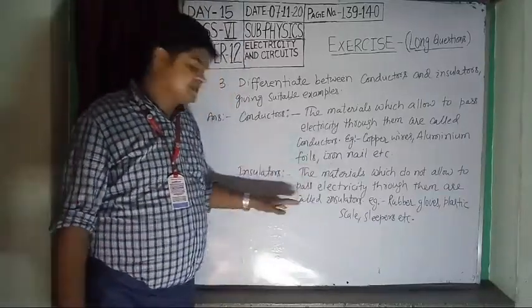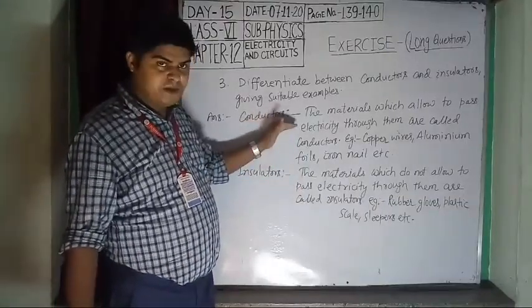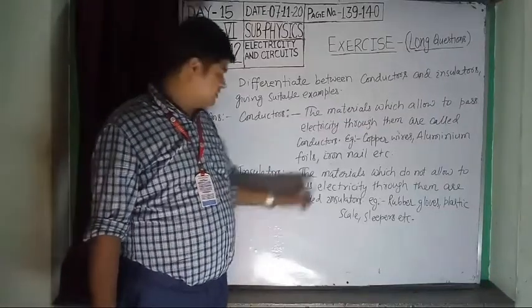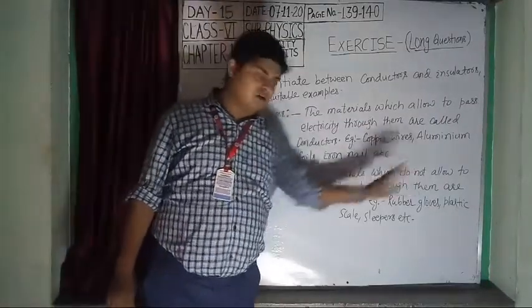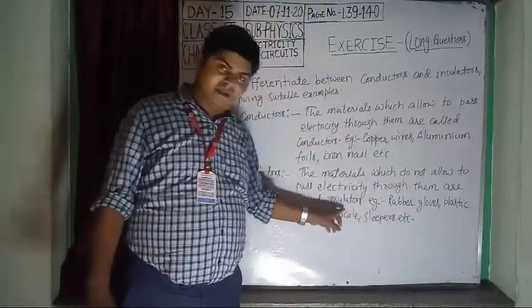This is just the reverse definition of conductors. A conductor allows electricity to pass, and an insulator does not allow electricity to pass.